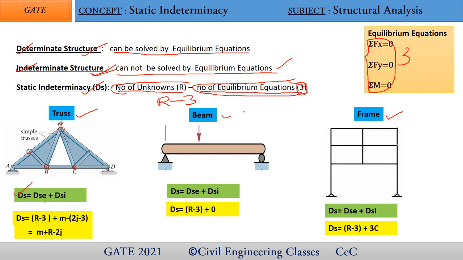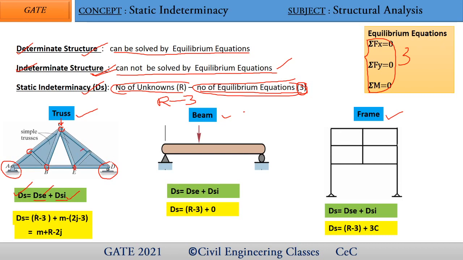So for any structure, the static indeterminacy is equal to external static indeterminacy plus internal static indeterminacy. This external static indeterminacy basically depends upon the reactions of the supports, and this internal static indeterminacy depends upon the number of members and the joints. Okay.